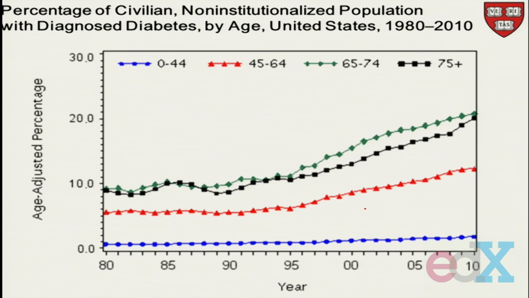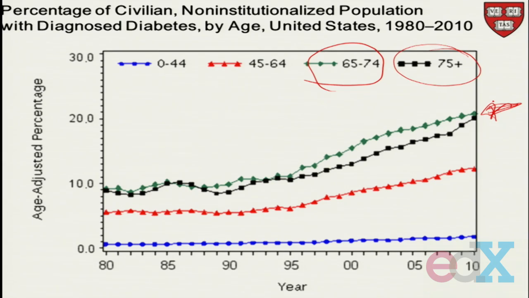This is our old friend, the line plot. And we can see that the two older groups, the 65 to 74 and the 75 up, these two older groups sort of overlap each other, roughly equal to each other, and they both go up first at a gentle pace, and then from about 1995 on, for some reason, at a more accelerated pace.